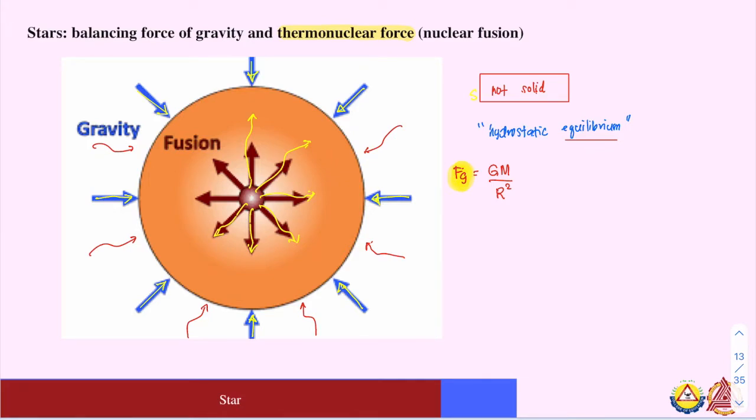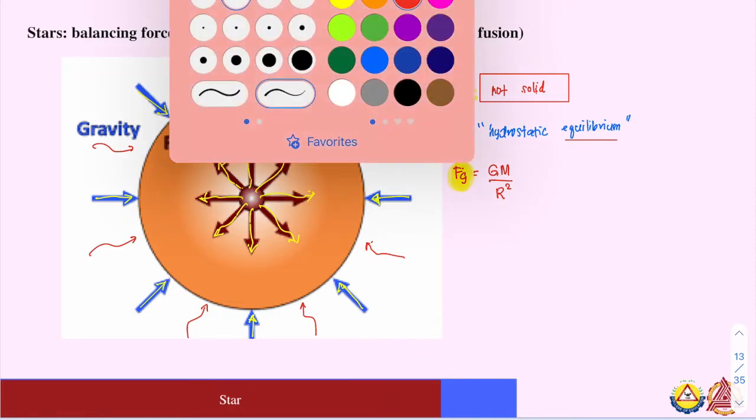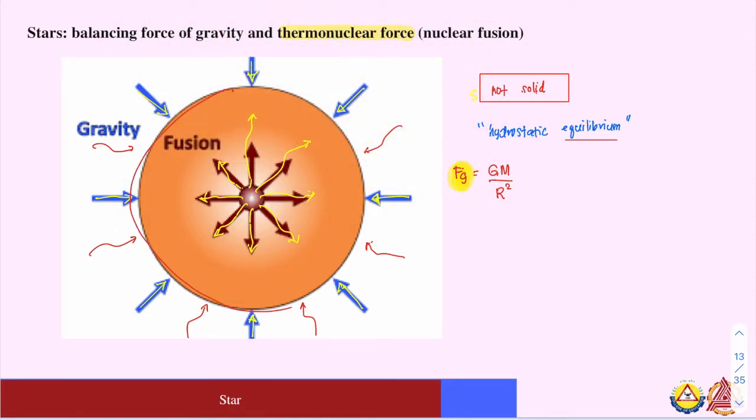So that force coming from fusion is balancing the effect of the force of gravity. That's why your star will assume a stable shape, or a stable size.